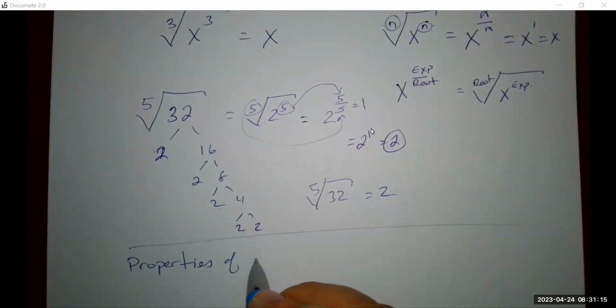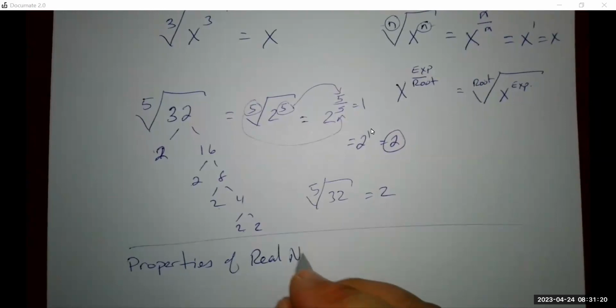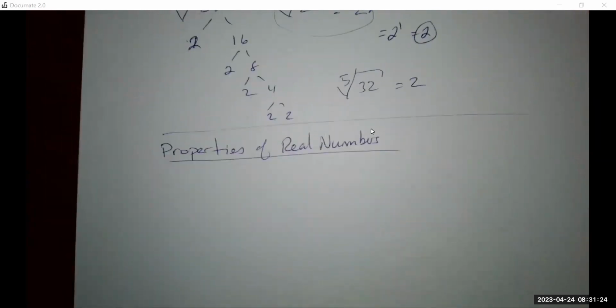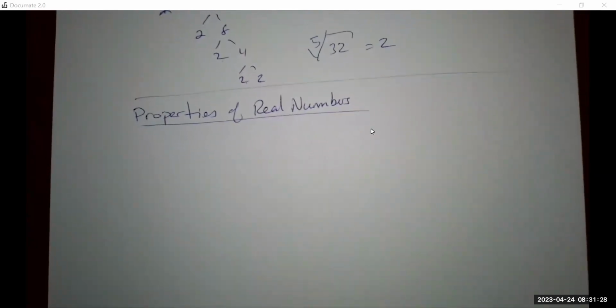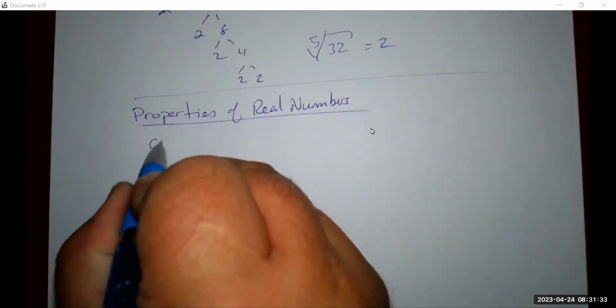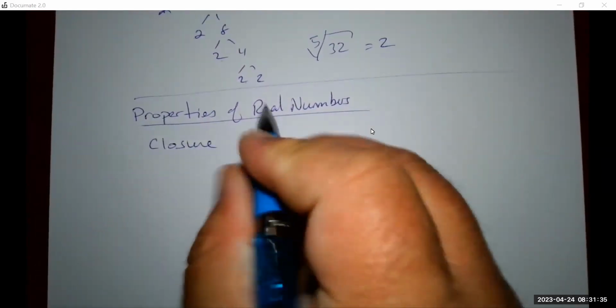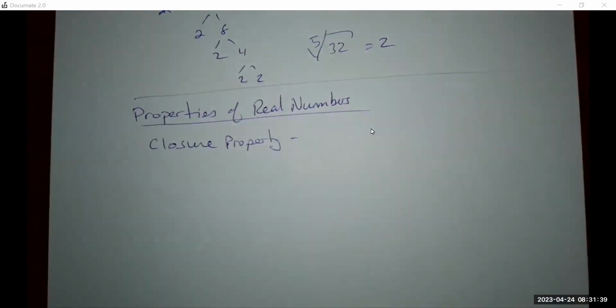Let's look at the properties of real numbers. The first one, the closure. Remember the closure property.